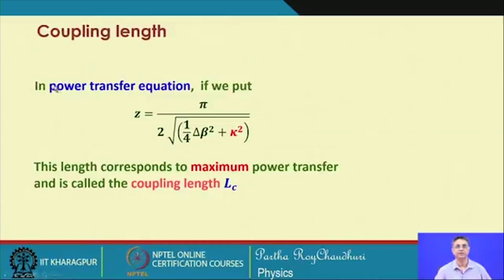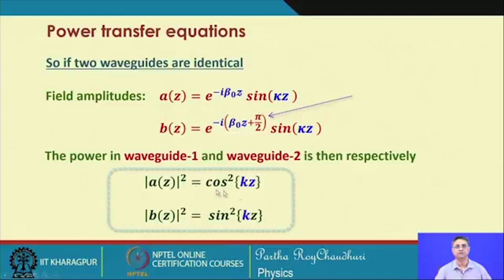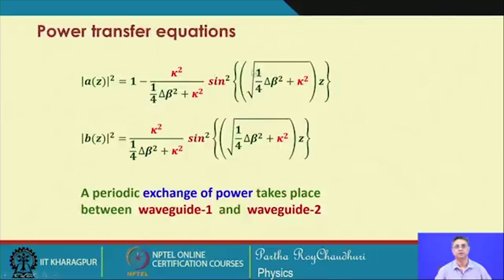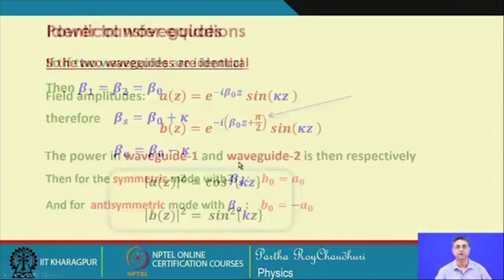Now, coupling length: if you look at the power transfer equation for non-identical waveguides, that is the general case where two waveguides are dissimilar, then this is the governing equation for the power transfer.